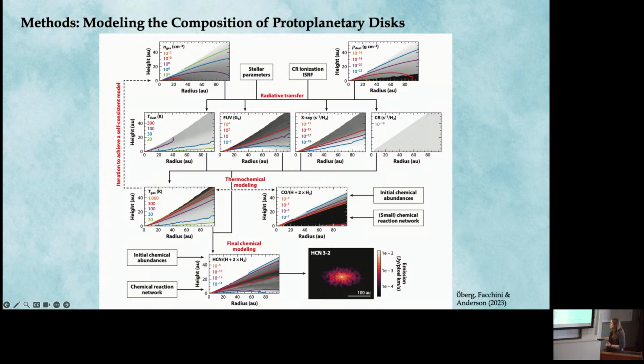So we might have one or two of these steps before we end up at our final chemistry, and then we can simulate observations with another radiative transfer step to produce emission.